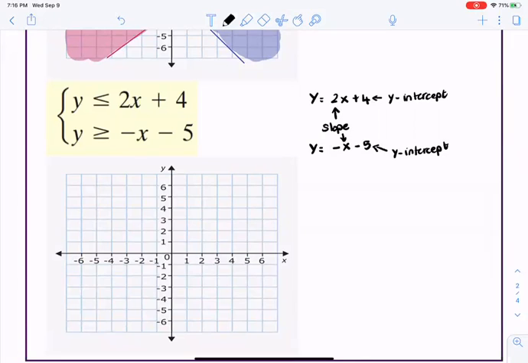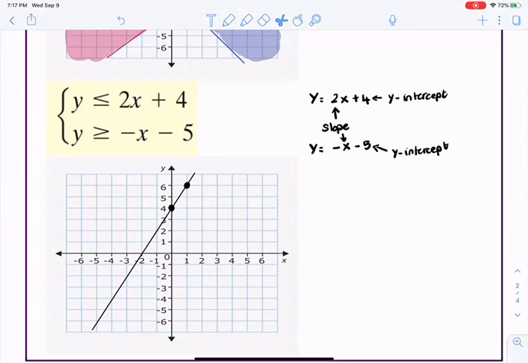Looking at the first equation, the y-intercept is 4. And if I plug in 1, I'll get 6. So the line has to be, oops, that's not going to work. Let's try that. Good try. That. So that is the first line, y equals 2x plus 4.